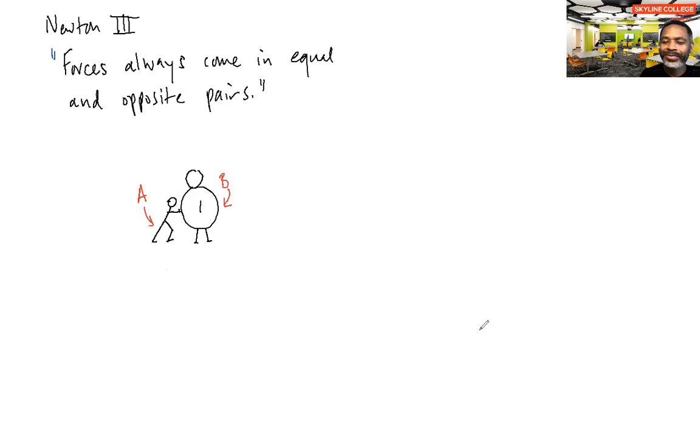So what we have is a force that's exerted by person A onto person B. Well, person B is going to push back onto person A with exactly the same magnitude of force. It'll just be exactly in the opposite direction.